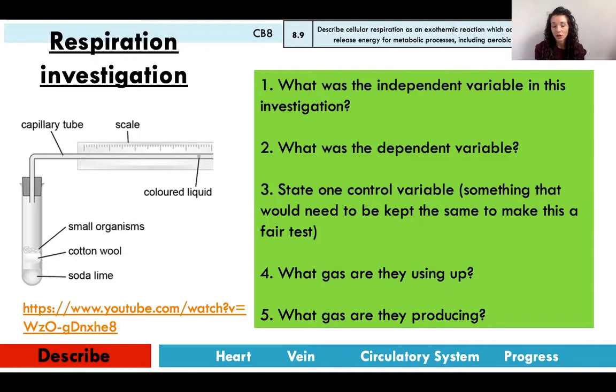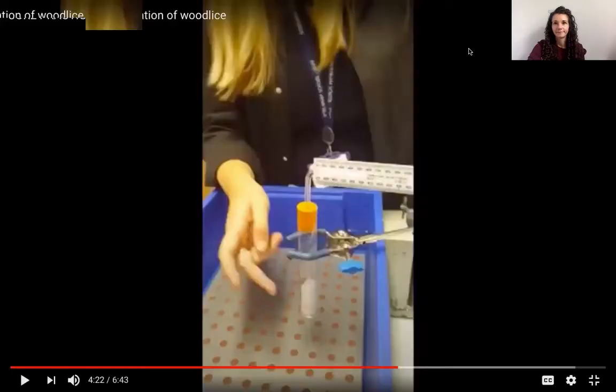And I apologise that we can't show you this in a lab or something a little bit easier, but I have found a video that demonstrates it. So this is the video of somebody carrying out this respiration investigation. They are using woodlice, so that's the example that I gave, and inside their tube they have got the soda lime to absorb the carbon dioxide waste product.